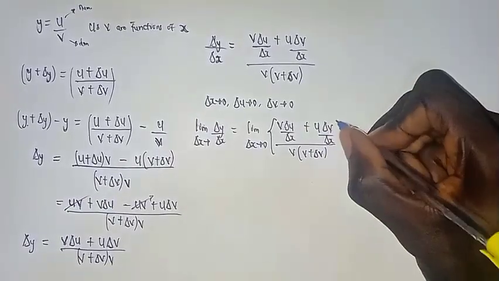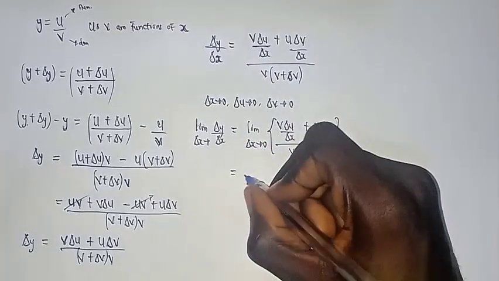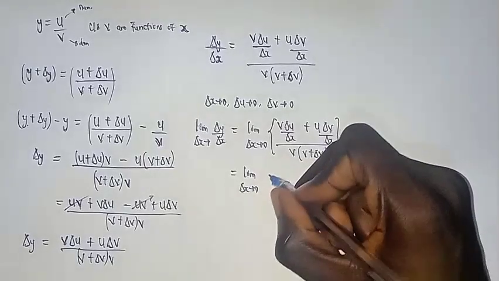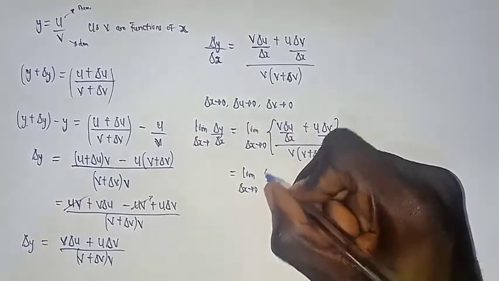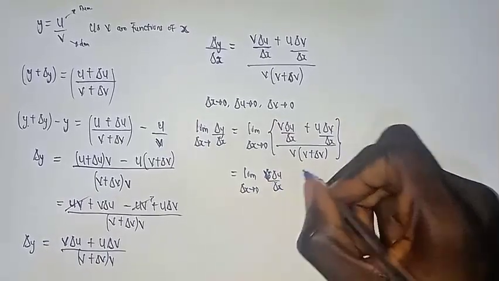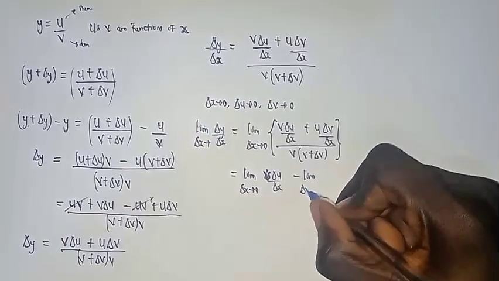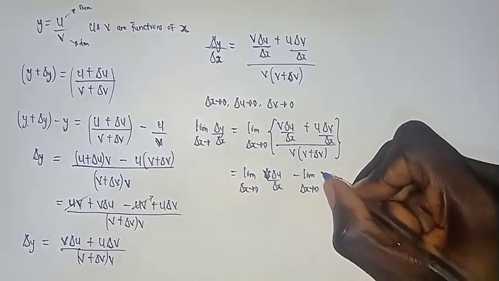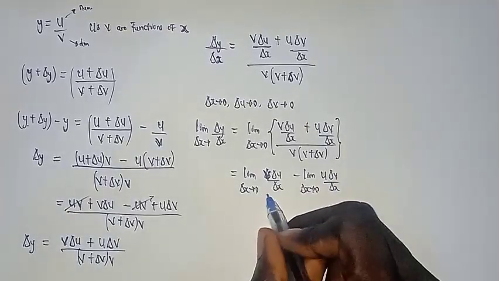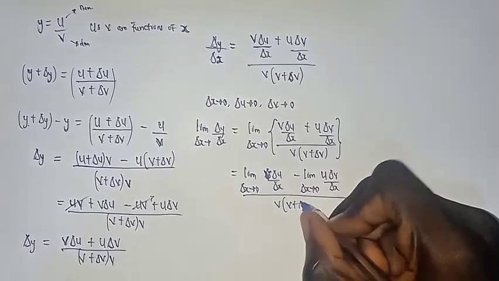And so we can simplify this further. This becomes limit as delta x approaches 0 of v delta u over delta x minus limit as delta x approaches 0 of u delta v over delta x. This would be over v plus delta v.